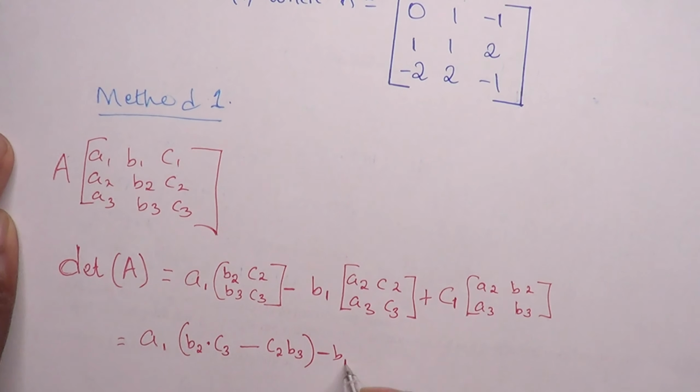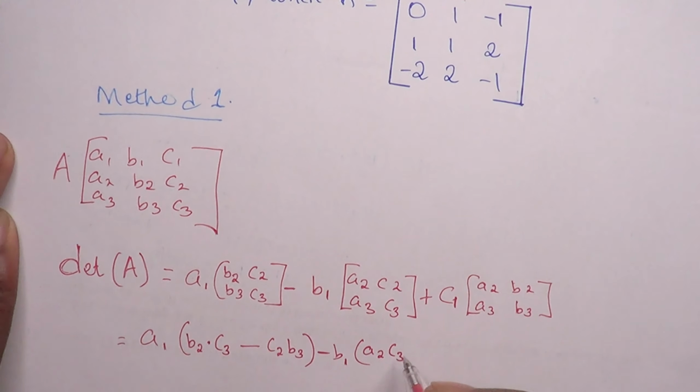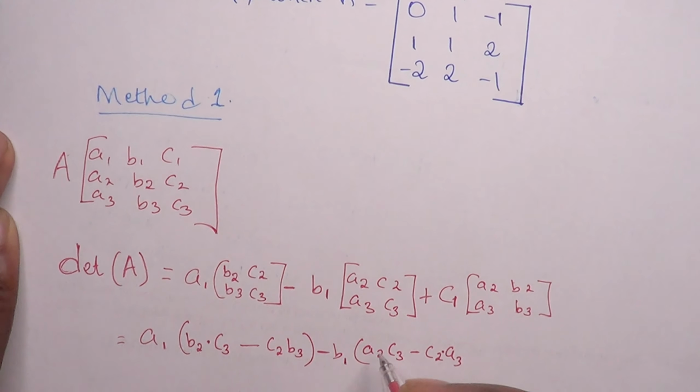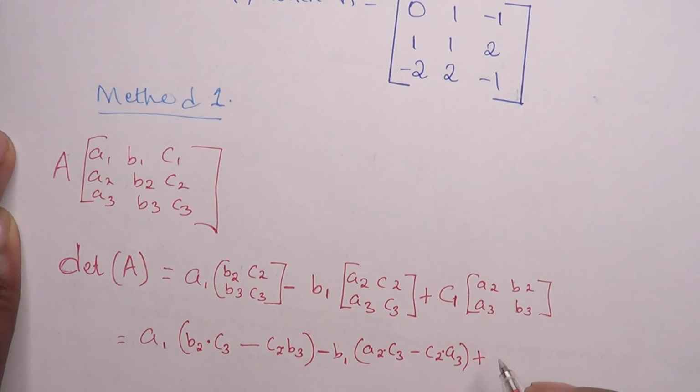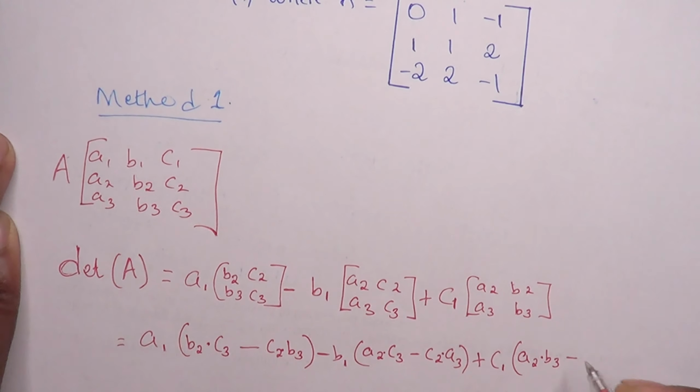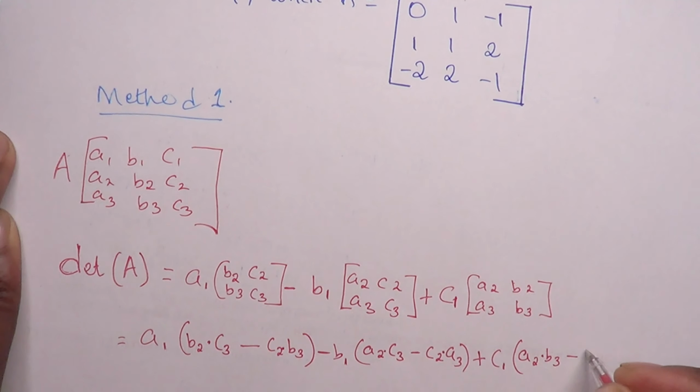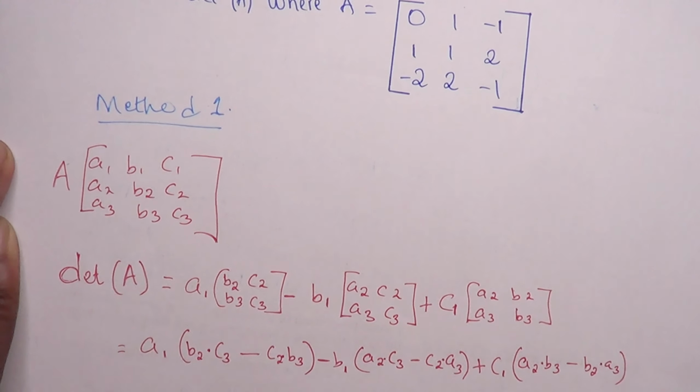Second, at B1, we multiply A2 C3 minus C2 A3. Remember this multiplication here? Then plus C1 into A2 times B3 minus B2 times A3. Then you get the determinant.